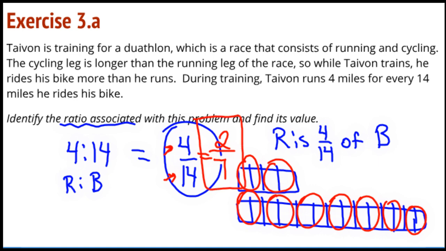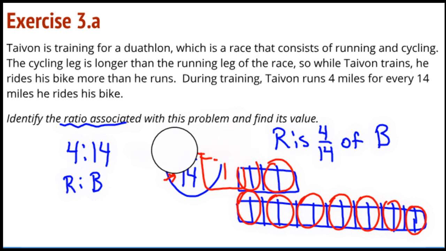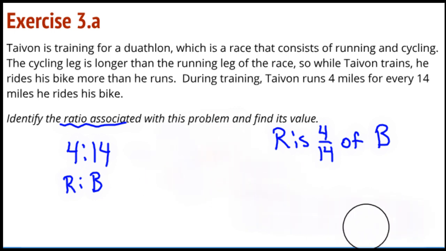Simplifying it down and saying, okay, 2 7s. Now, I've shown this before in this lesson. I'm going to quickly show it again. So I've got this 4 to 14, and I can divide both of them by 2, making my groups of 2. That's what I do on the tape diagram.